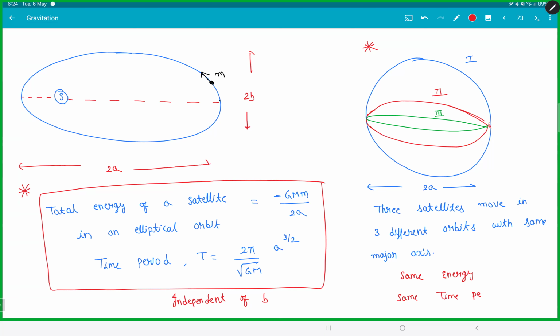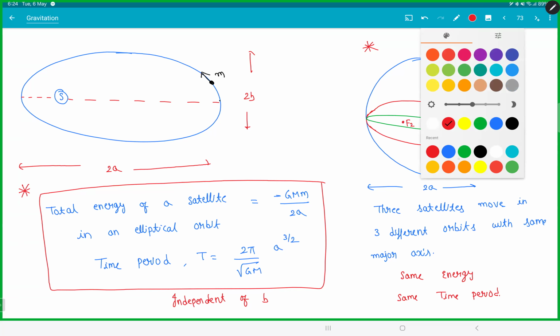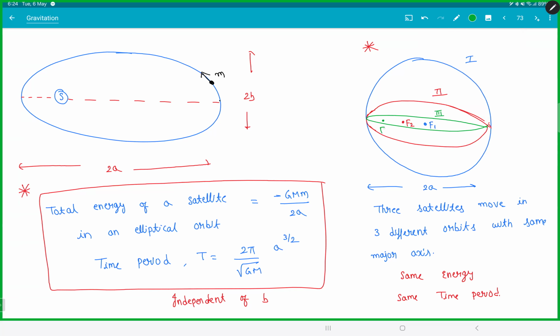The difference is, for the blue one, the planet is at the center, so this would be the focus of this. For the red one, the focus is somewhere here. And for the green one, the planet is somewhere here. So basically the focus shifts. For the three orbits, the position of the sun or the star is different.